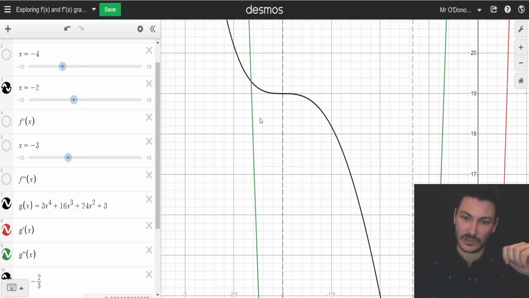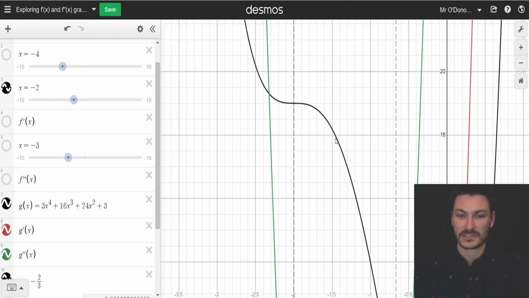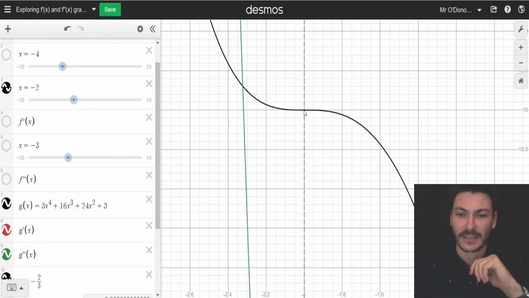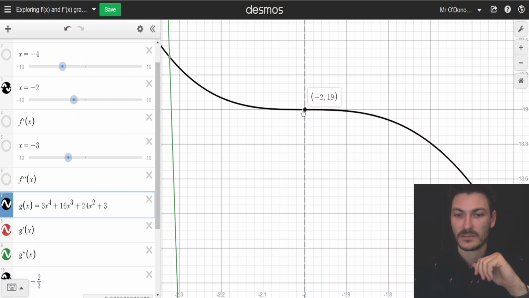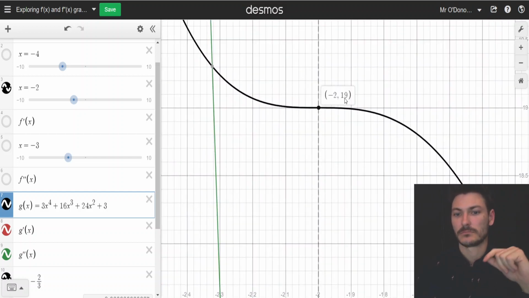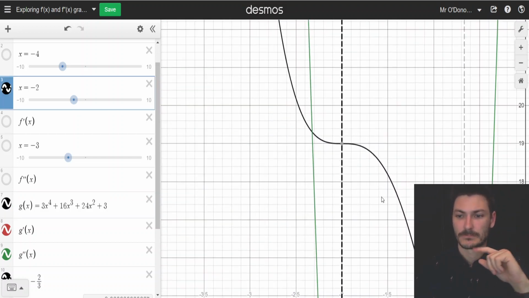It doesn't continue concave down like this, and this part doesn't continue concave up like that. It is a bit of an S shape, and so it's a point of inflection, but it's also a stationary point, because at this exact point, if I zoom right in, the tangent to this line is exactly 0. It's just y equals 19. That would be the equation of that tangent.